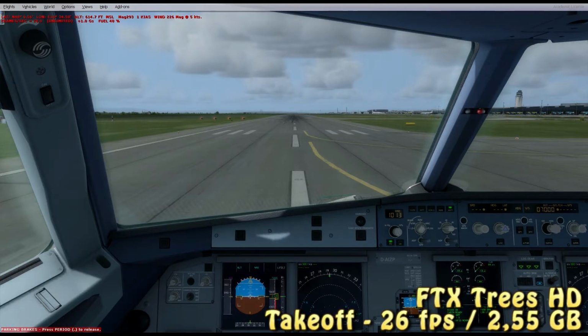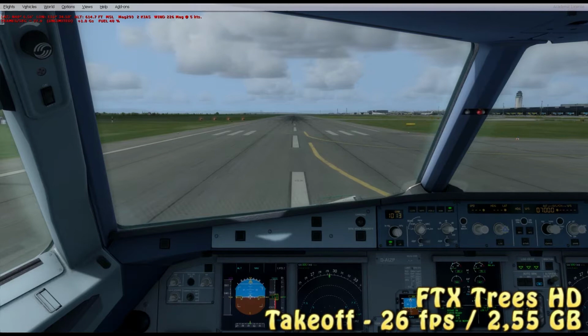FTX Trees HD activated, and the same situation, and we are here at takeoff with 26 frames per second and a VAS usage of 2.55. So you can see a small increase in frames per second, but also an increase in VAS usage.